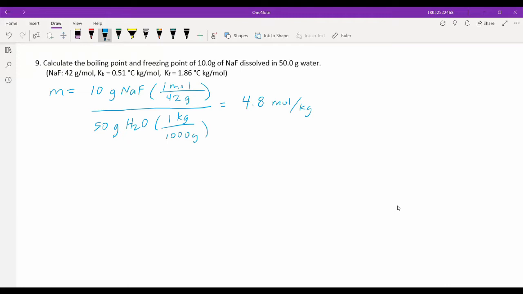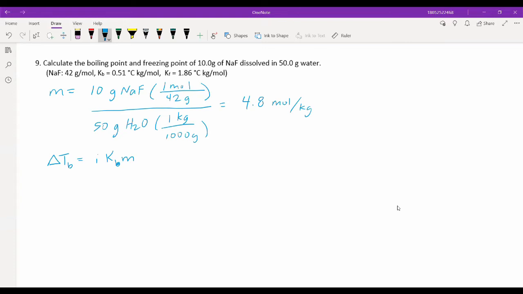Okay. So in either of our formulas, it basically looks the same, where it's delta T equals i K m. If we're doing a boiling point, then it's going to be a positive change, and then we just use the K for the boiling, which is Kb.